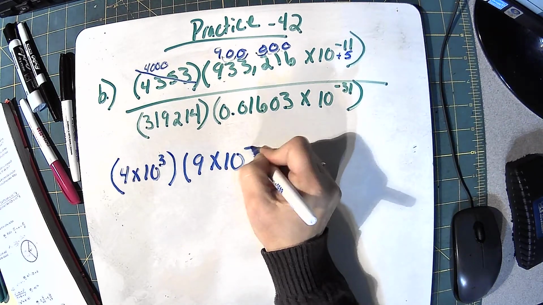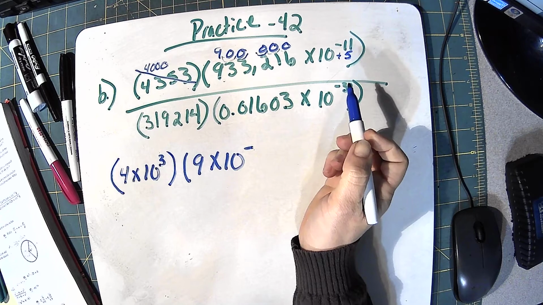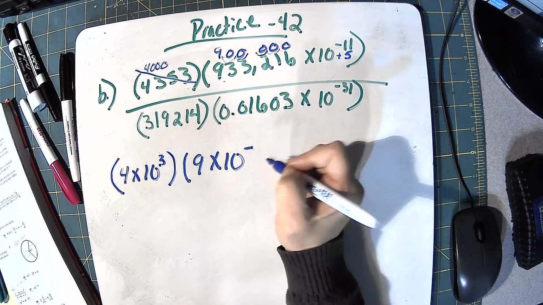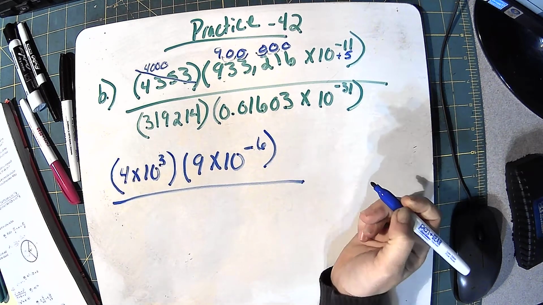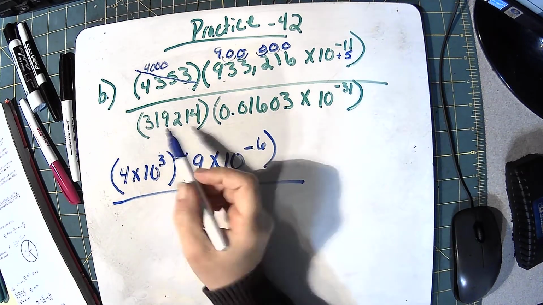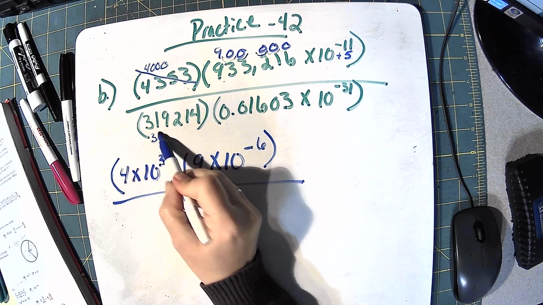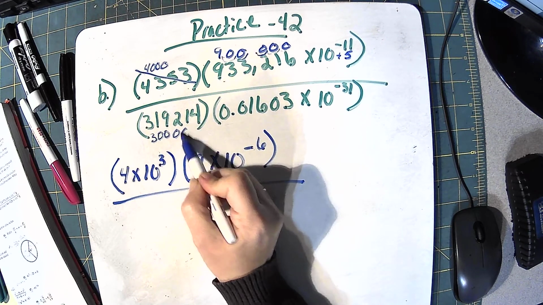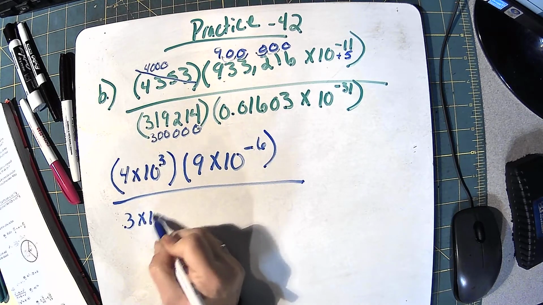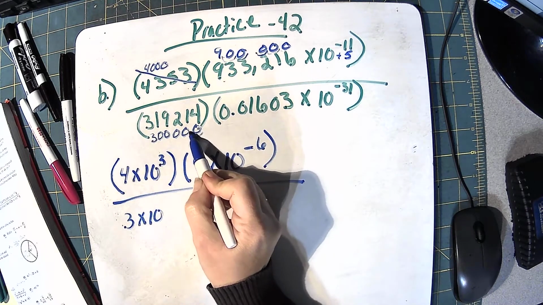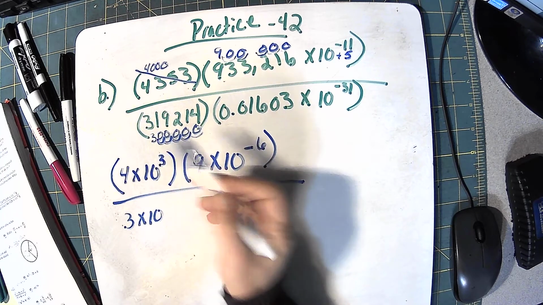So this is going to be negative 6. Okay. Now this one rounds to 300,000. Okay, so that's going to be 3 times 10, and then we got 1, 2, 3, 4, 5 to the 5th.